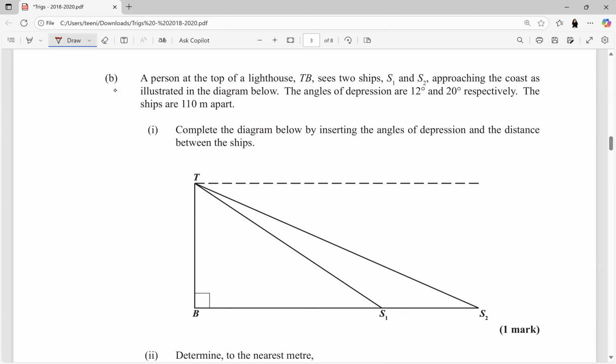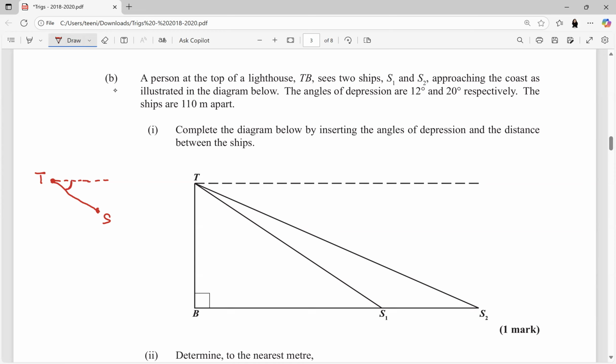So it says the angles of depression are 12 degrees and 20 degrees respectively for ship 1 and ship 2. So first with ship 1, remember your angle of depression is formed between the horizontal and the line of sight. So if you're at this point up here, you're trying to find the angle of depression of this point, let's say this point T to this point S, then it's going to be the angle between the horizontal at T and the line connecting T to S. So it's going to be this angle over here.